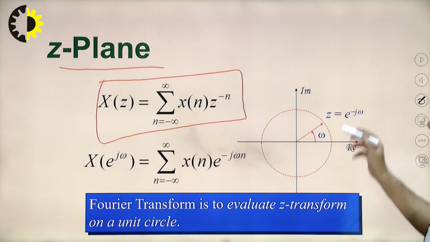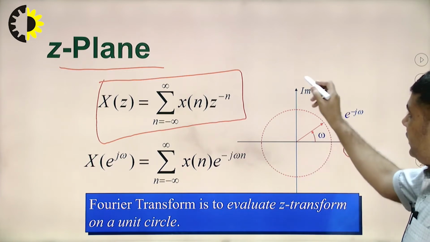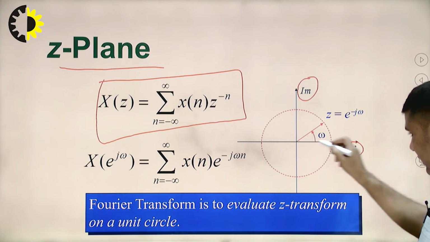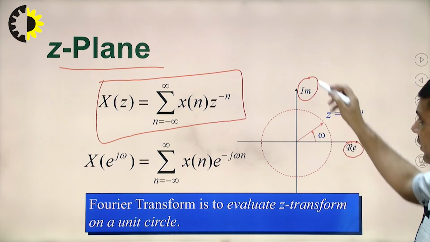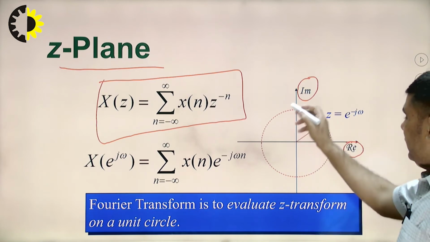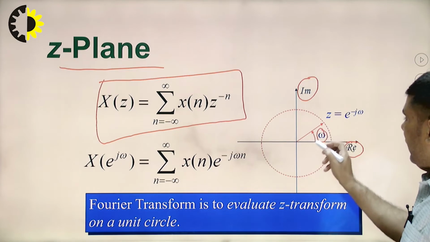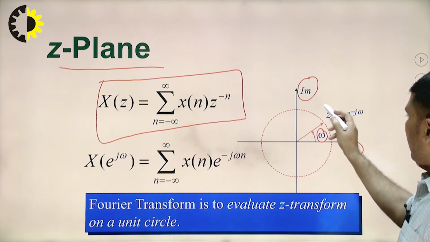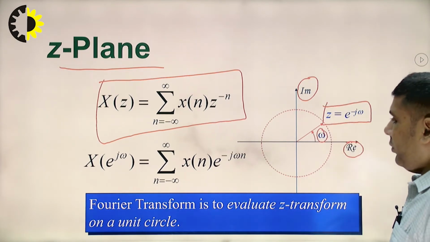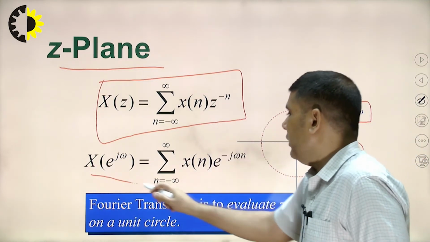This is the real part and this is the imaginary part. Along the x-axis you have the real part, along the y-axis we have the imaginary part, and this is a circle, and this is the angle omega. Here z is equal to e raised to the power j omega, and this is the Fourier transform.